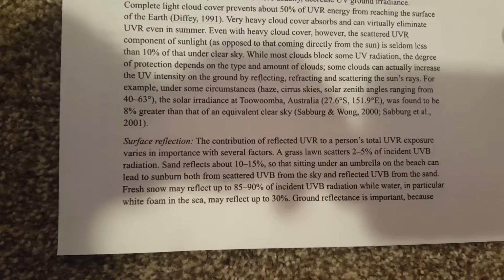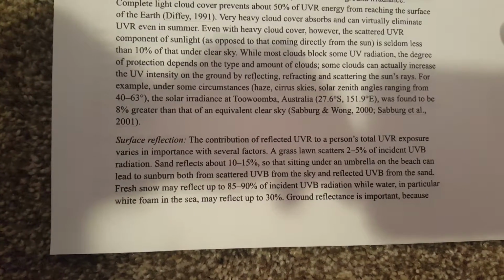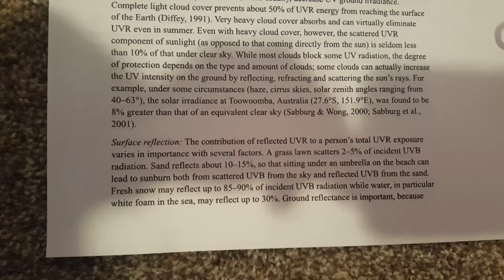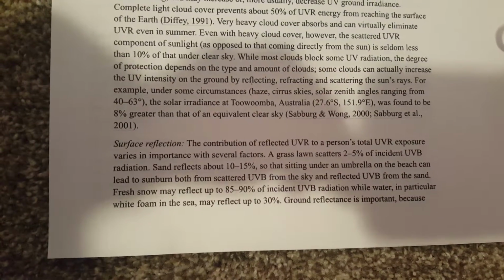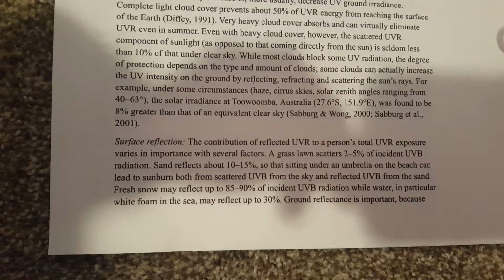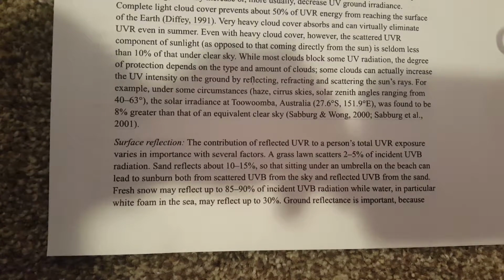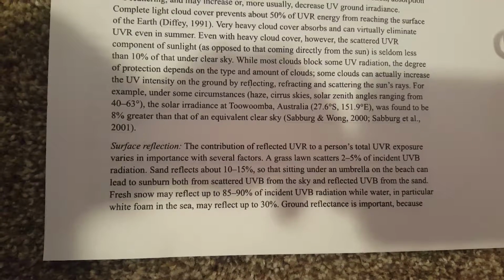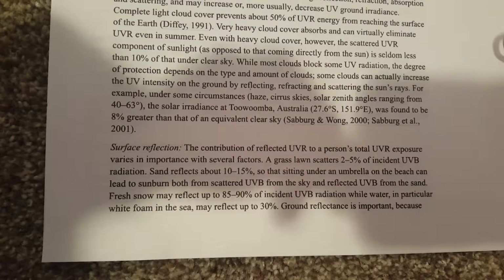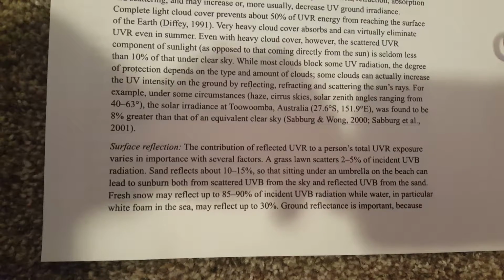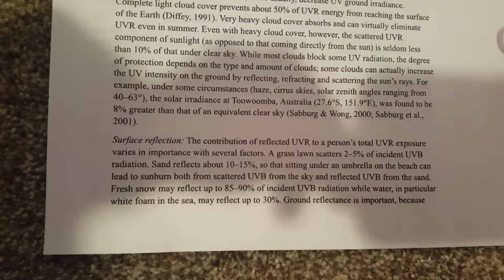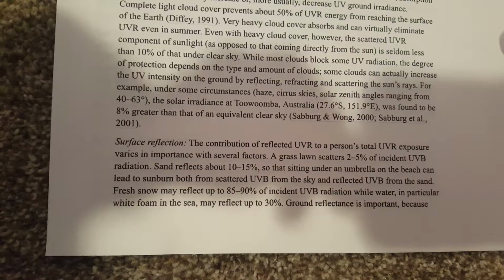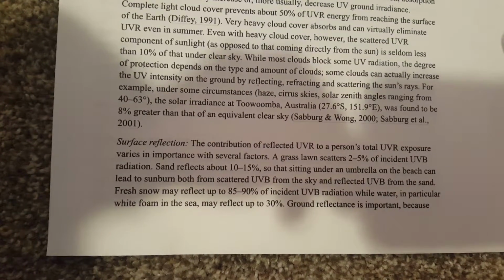Okay, surface reflection. The contribution of reflected UVR to a person's total UVR exposure varies in importance with several factors. A grass lawn scatters 2 to 5% of incident UVB radiation. Sand reflects about 10 to 15%, so that sitting under an umbrella on the beach can lead to sunburn both from scattered UVB from the sky and reflected UVB from the sand.